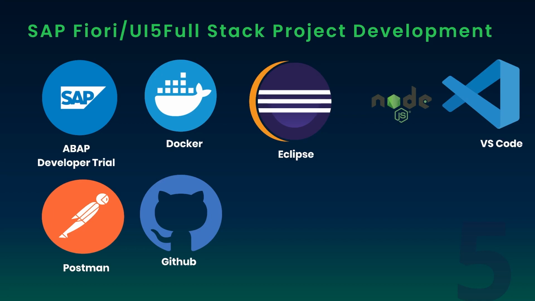It's easy. And you need to install Node.js, because that is the main compiler of UI5. After that, you need to install VS Code. VS Code is required to develop your SAP UI5 applications. So basically, Eclipse is for the CDS view, and UI5 is for VS Code.